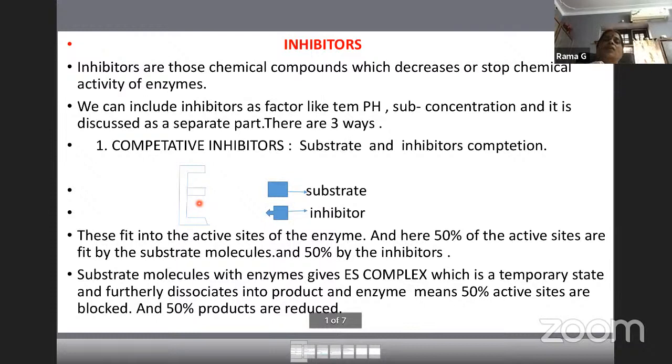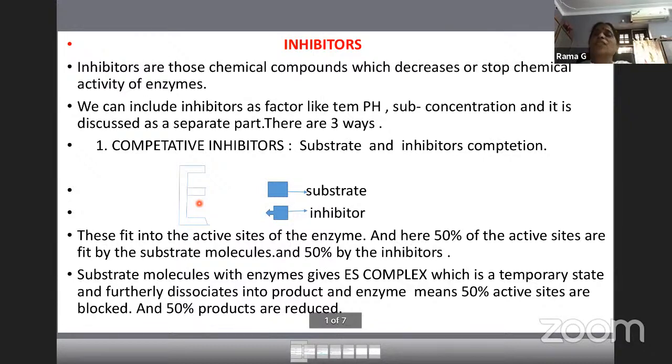That means in other activities, what we are observing is that active sites are usually fed by the substrate molecules, and together they make a complex which is called the enzyme substrate complex. And this complex state is temporary. Further, that dissociates into product and enzymes as it is.